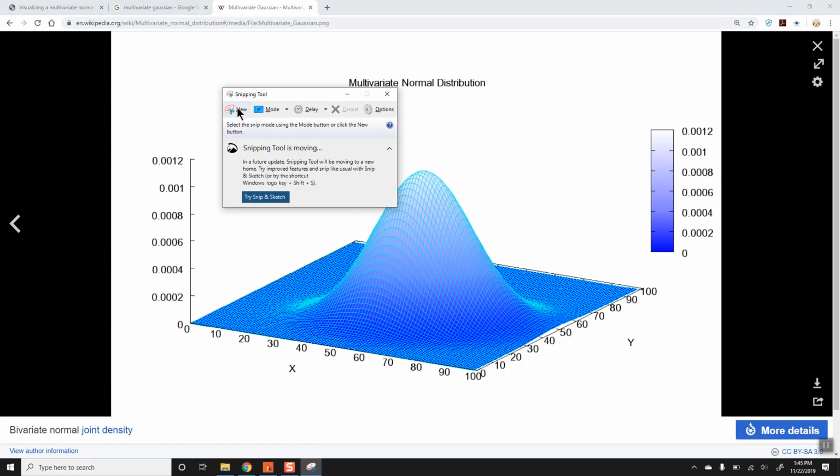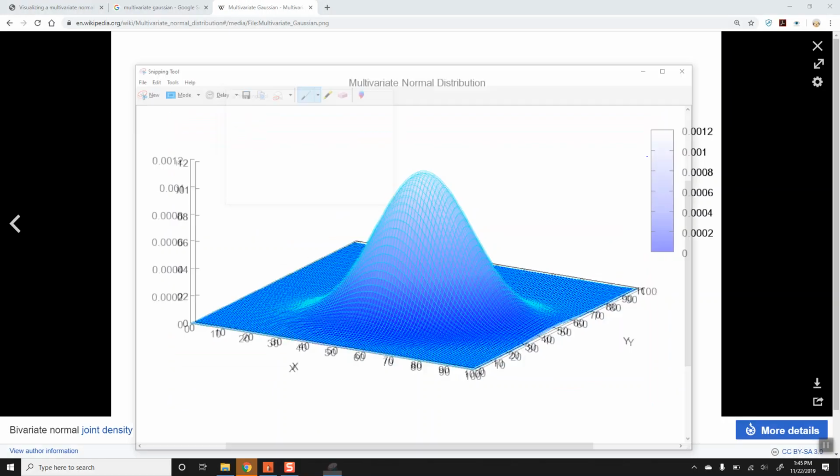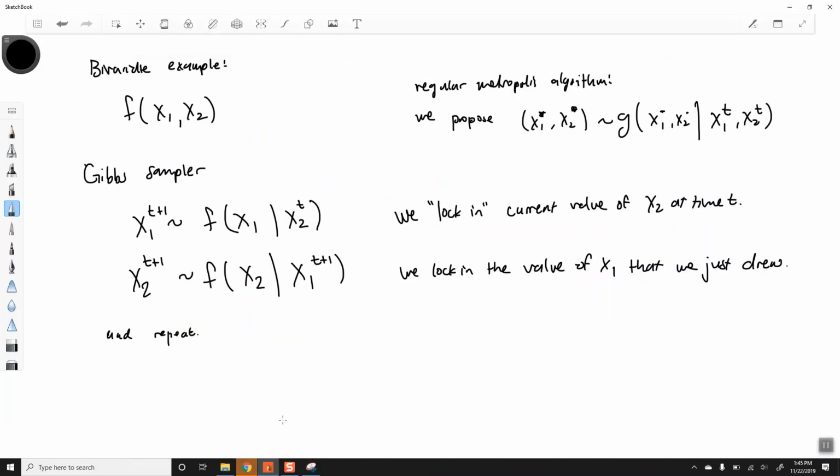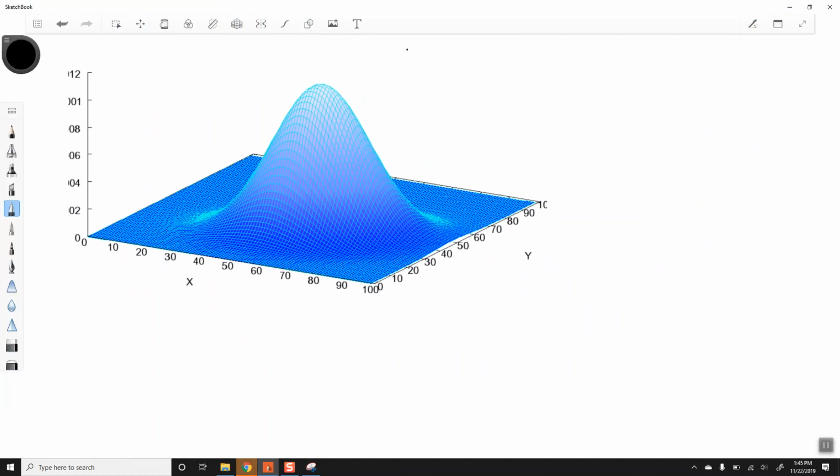Okay, so this is what we want. Let's say this is our target PDF in 2 dimensions. And basically, let's say at t equals 1, let's say x2, or I guess y, is, I don't know, 20.